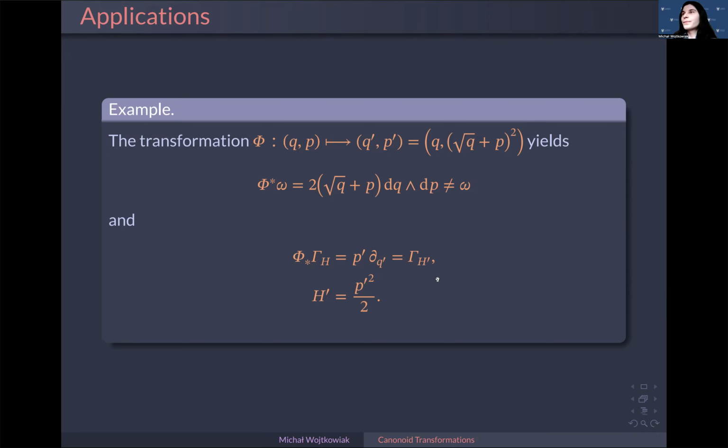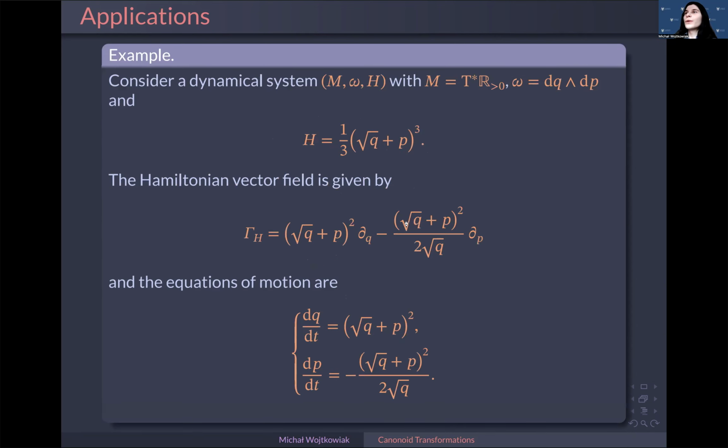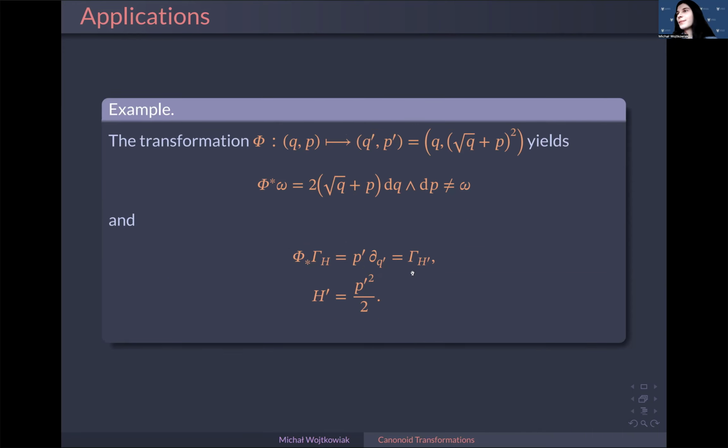So we get a Hamiltonian vector field which is bi-Hamiltonian, once with respect to this strange expression and once with simply the free particle Hamiltonian. So that's rather surprising, I think. We can solve the free particle Hamiltonian, and this will tell us something about the previous problem.